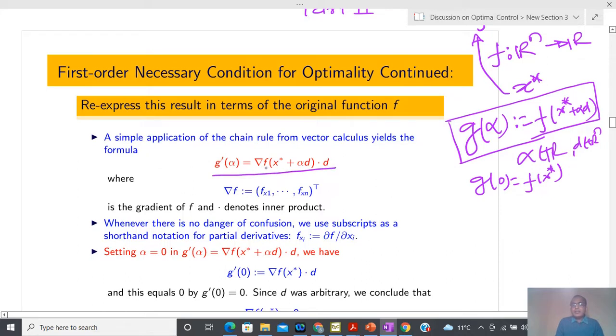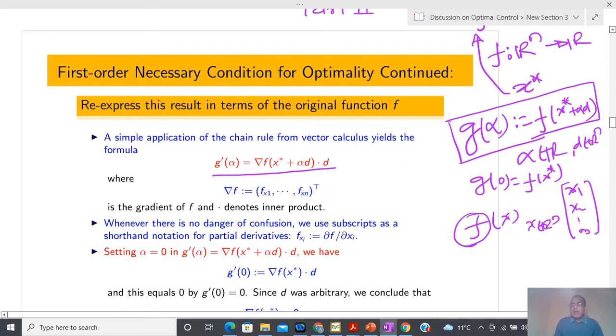Since f(x), here you can see that x belongs to Rn, whenever I take the derivative of f, I have to take the derivative with respect to x1, x2 up to xn. So you can define it like this: f(x1 up to xn).